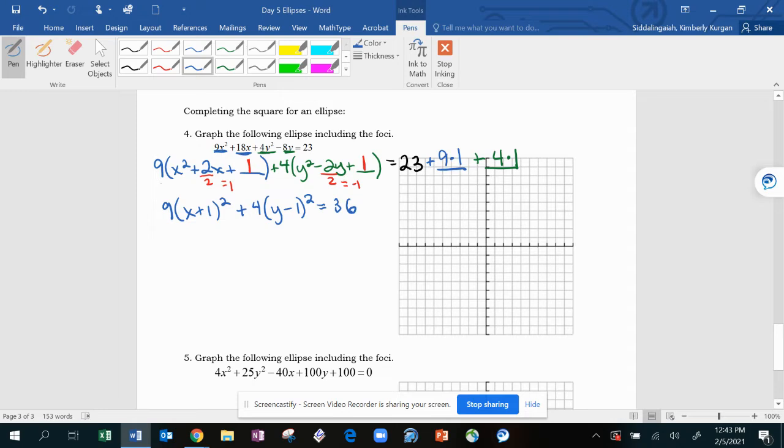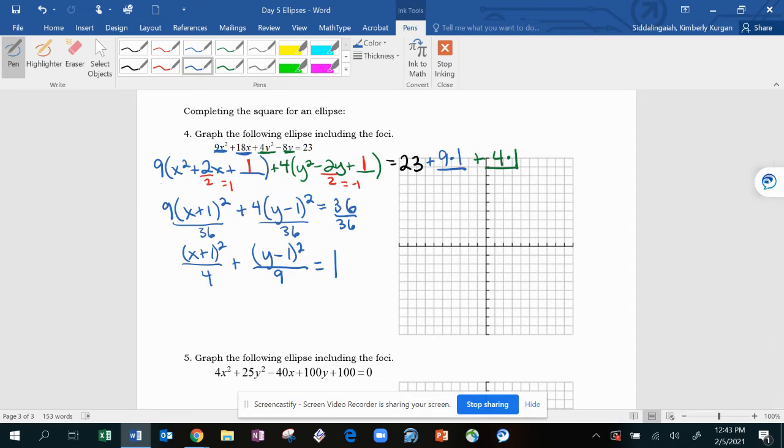Where the 36 is, that needs to be a 1. So I'm going to divide everything by 36. So x plus 1, quantity squared. Well, 9/36 is just 1/4. In my second set of parentheses, I'm going to have y minus 1 squared. When I think of 4/36 as a fraction, that's 1/9. And this will equal 1.